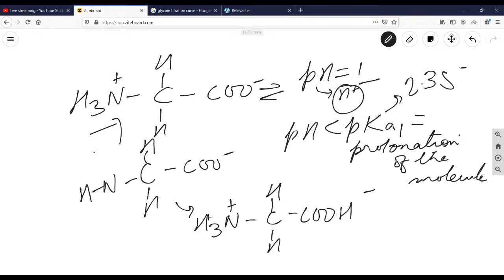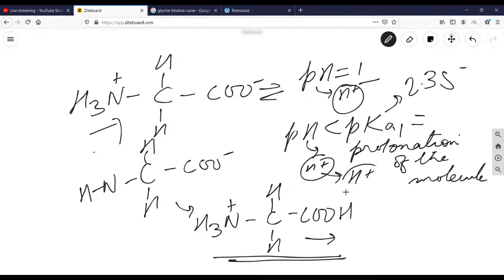So mostly the molecules will be in this state, H3N plus CHCOOH, because it has been protonated. This is completely protonated. The COO minus has been protonated because there are too many H plus in the system. Questions like this can be asked in the NEET examination.